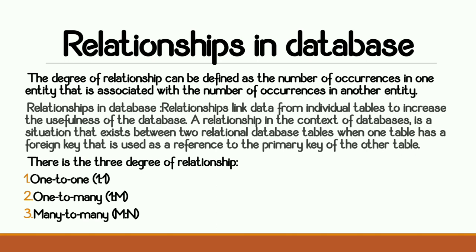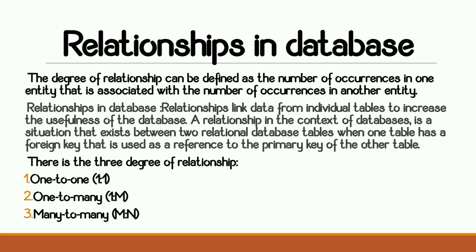So basically, if there are two tables, table 1 and table 2, when the primary key of table 1 is related to another table, that will be considered a foreign key, and it will be related to the primary key of table 2. Due to this, a relationship is created.